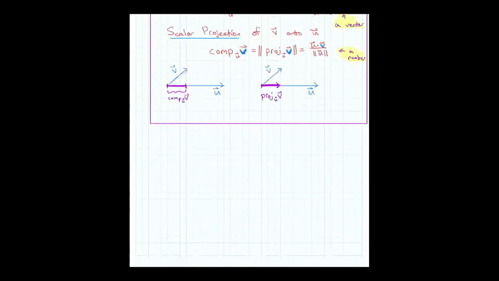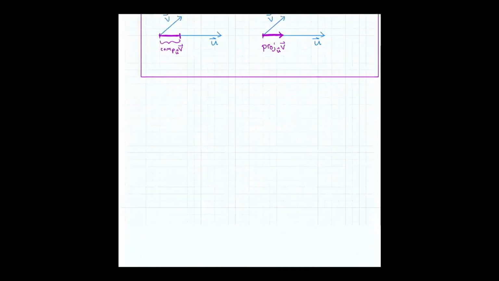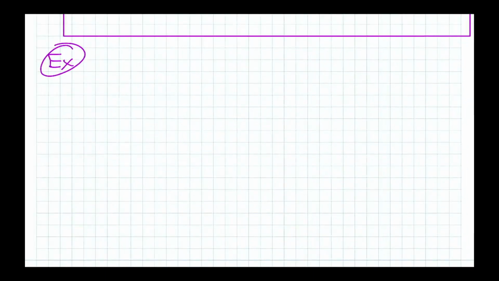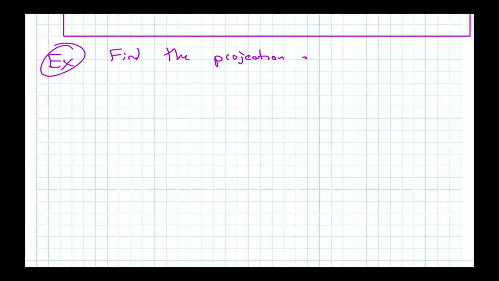So let us see if we can calculate some stuff, right? So let me scroll down a little bit here and let us calculate this. So here's an example. Hopefully it won't be a dumb example like happened yesterday. Let's see. They just say find the projection of v onto u.